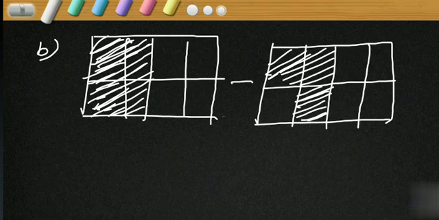So in the first figure 4 are shaded, and what would be the fraction corresponding to the first figure? Yeah, it is 4 by 8. Out of 8, 4 are shaded. And what would be the fraction corresponding to the second figure? Yes, 3 are shaded out of what? 8, isn't it? Now let's try to find out the answer.